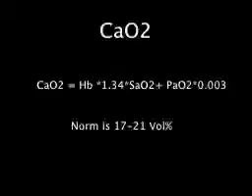Obviously, lots of things can change those coefficients, but those are the assumptions that we'll be running on in this physics course. The normal value for the CaO2 is 17 to 21 vol percent.